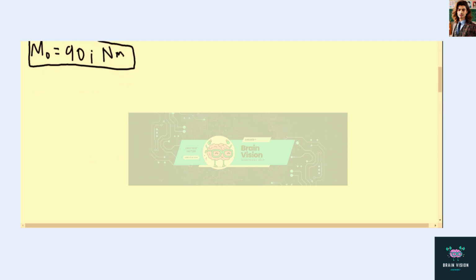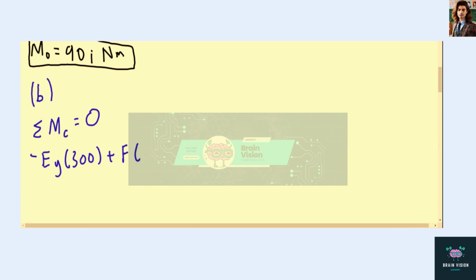So now for part B, we're going to take the sum of moments about the point C, set it equal to 0, and we can write that as negative e of y times 300 plus f times 180 is equal to 0.